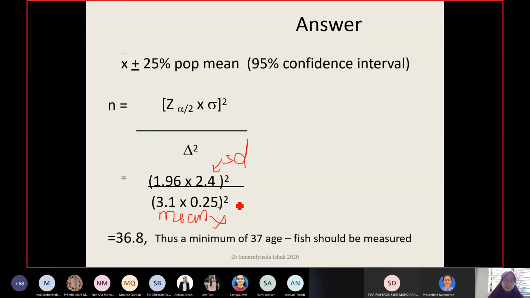So this is your effect size, the mean times the effect size. This is your delta. So delta squared is 36.8. Make sure if you calculate 36.8, you have to round it up to 37. If it is 36.2, also 37, 36.1, also 37. 36 point something, it has to be 37.